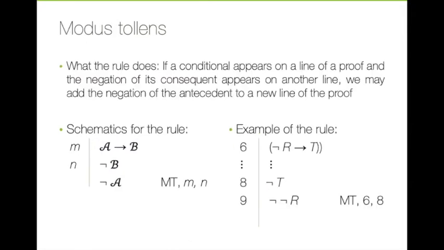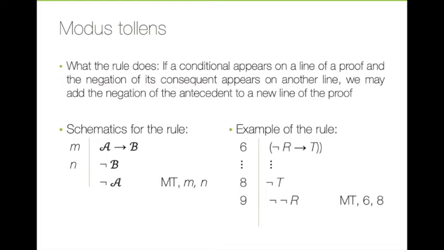Our next rule, modus tollens, allows us to shorten one of our additional inferences from a conditional statement. So the rule works this way. If you see a conditional on a line of a proof and the negation of its consequent on another line, you can add the negation of the antecedent to a new line of the proof.